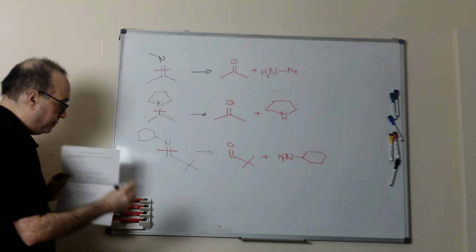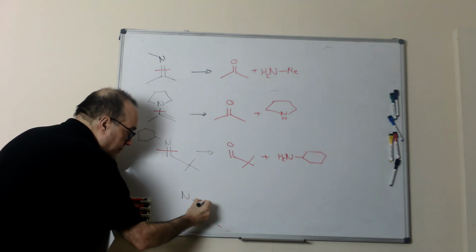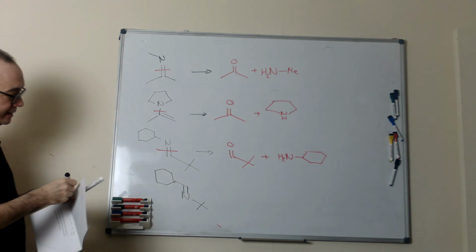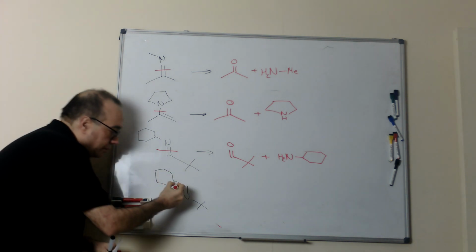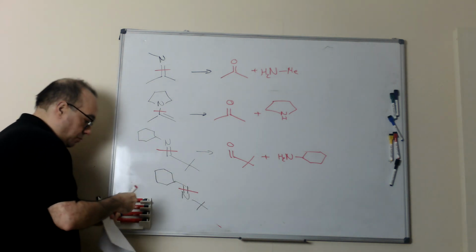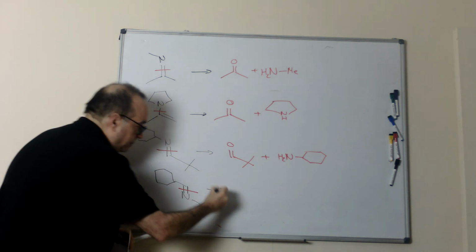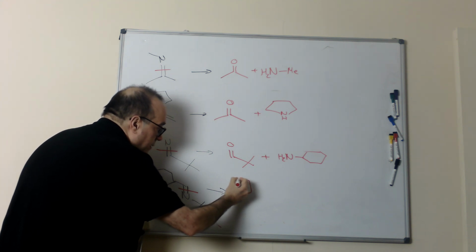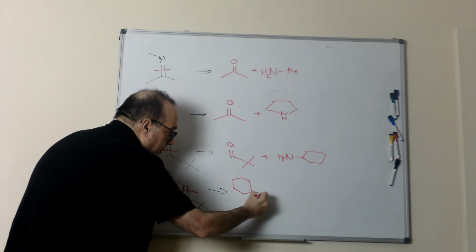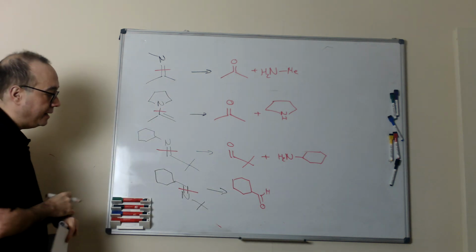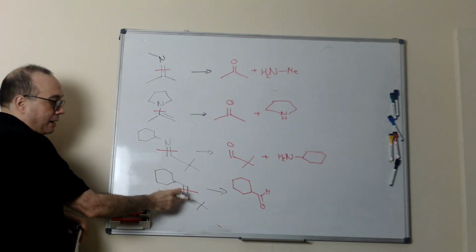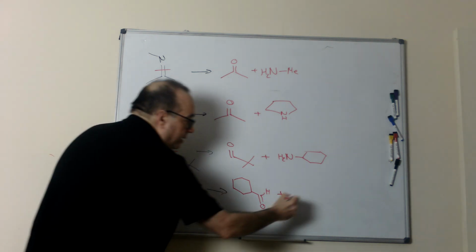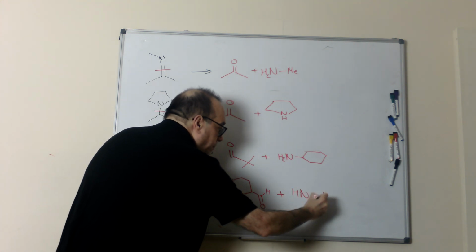And the last one. We have this example, and we do exactly the same. Carbon double bond nitrogen, cut it, and we will get this aldehyde, because when we cut a carbon double bond nitrogen, we put an oxygen, plus the primary amine.